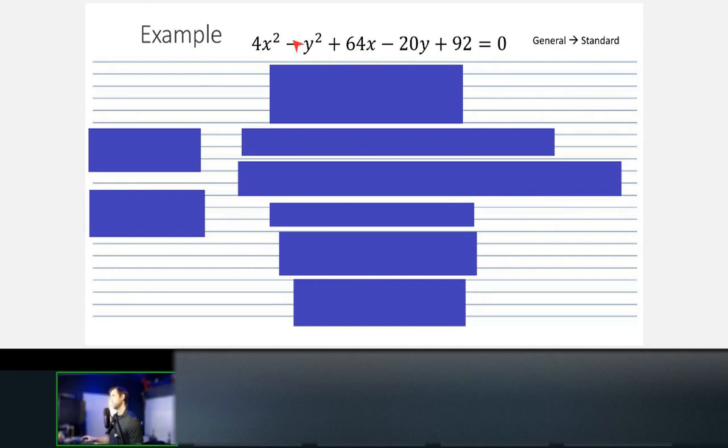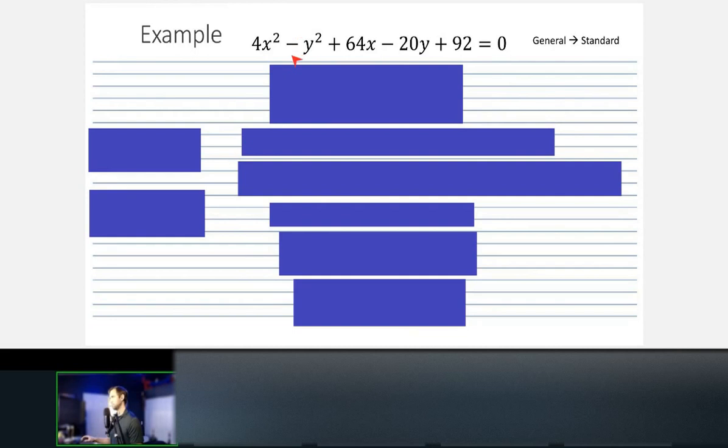What if this was a plus sign? So same equation, but this would be a plus sign. What conic would it be? An ellipse. Why would it be an ellipse and not a circle? Because we have coefficients in front of the x squared other than 1. Yes, that is correct.